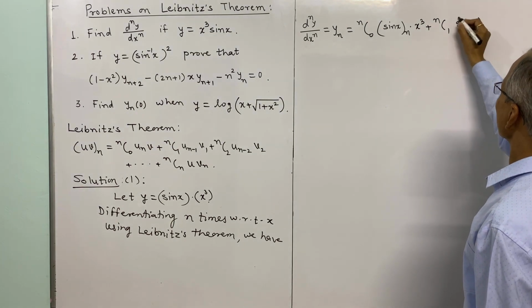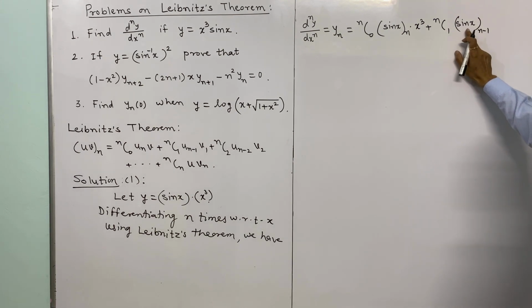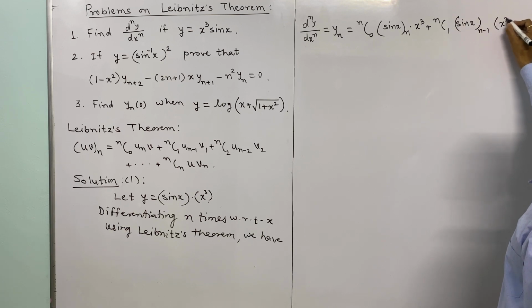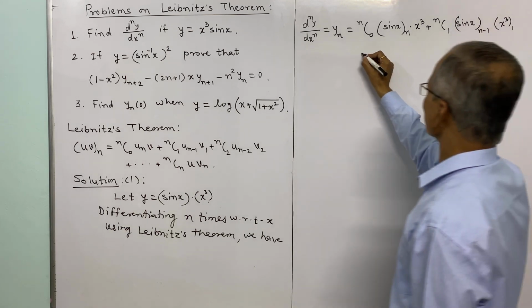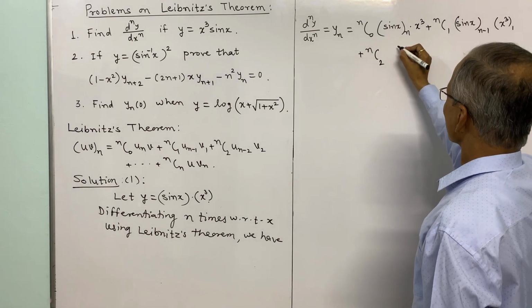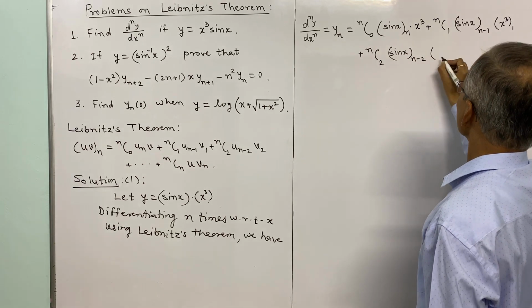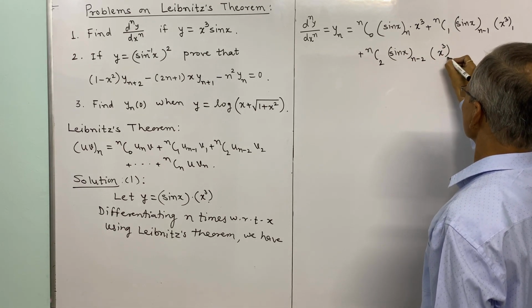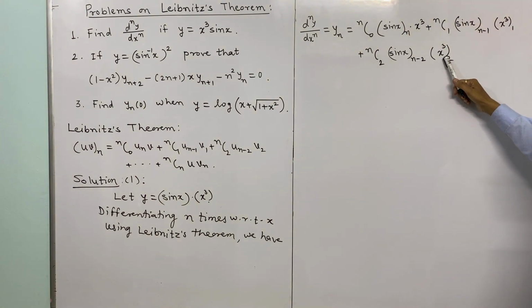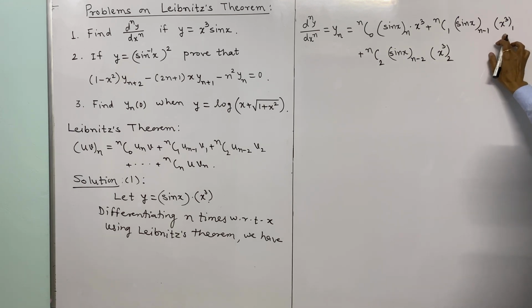So we use this notation: suffix denotes the order of the derivative of this function sin x, into first derivative of x cube, and plus next term will be n choose 2, n minus second derivative of sin x, and into second derivative of x cube. So we have to continue up to third derivative of x cube, because the third derivative of x cube is constant. So the first derivative is 3x square.